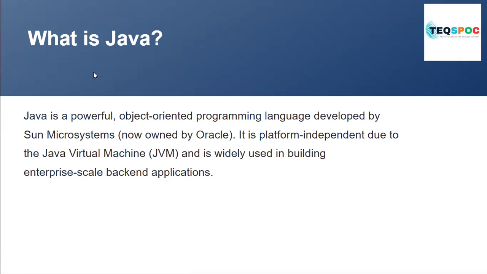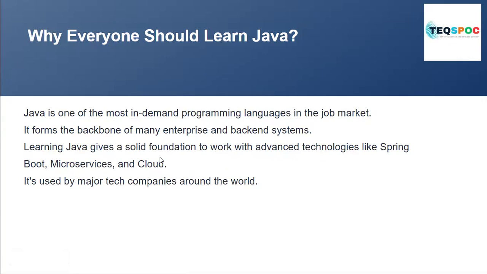Now, Java is platform independent due to the use of the JVM, that is the Java Virtual Machine, and it is widely used in building enterprise scalable backend applications. So with the help of Java, you can build Java backend code for a web application. You can develop games and everything.